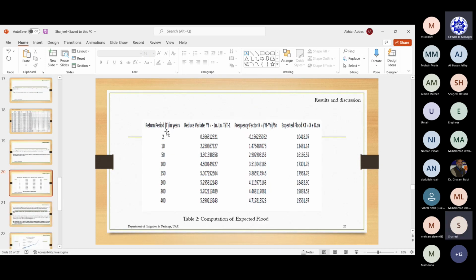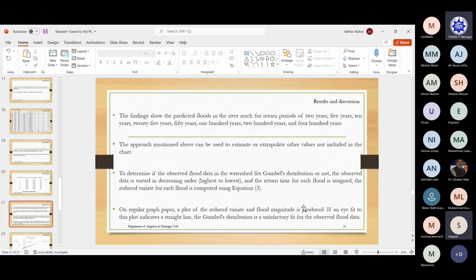Here are return periods in the future: 2 years, 10 years, 50 years, and so on to 400. Then we find the expected flood by using the Gumbel distribution equation. We show that after 2 years there will be a flow of 10,418 cubic meters per second, and after 400 years there will be a flow at Besham Qila of 19,561 cubic meters per second.